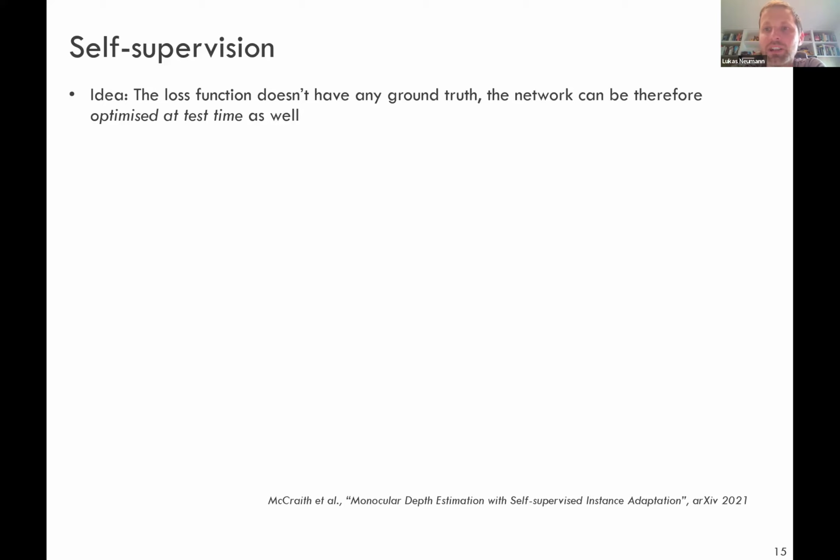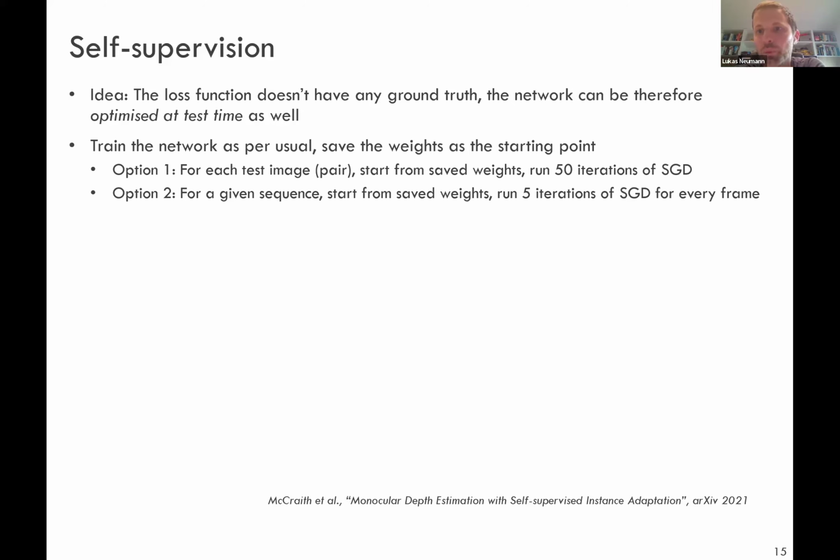For self-supervised methods, we pointed out that you can continue improving them even in production, because they don't need any labels. We train the monodepth method as per usual, and then for every image or image pair at inference time, we run a couple of iterations of the optimization, and we show that this gives us better results.